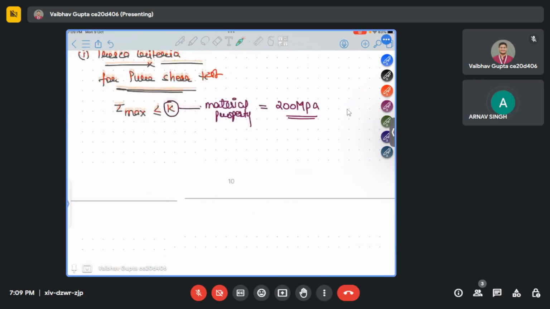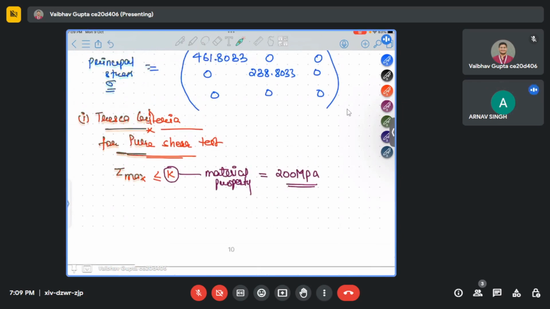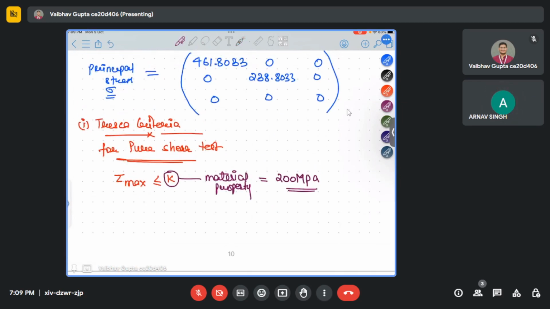K is given, so now we have to calculate tau max. You know tau max is half of the maximum of the absolute values of sigma 1 minus sigma 2, sigma 2 minus sigma 3, sigma 3 minus sigma 1.